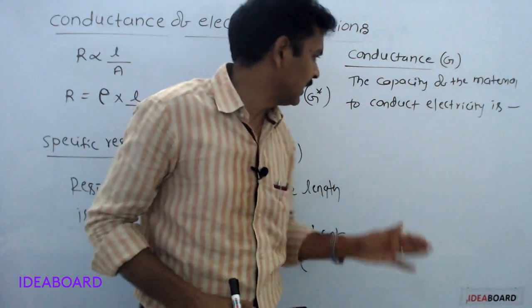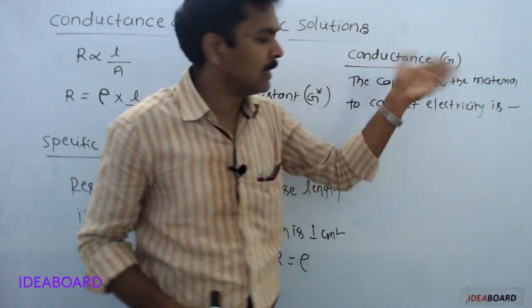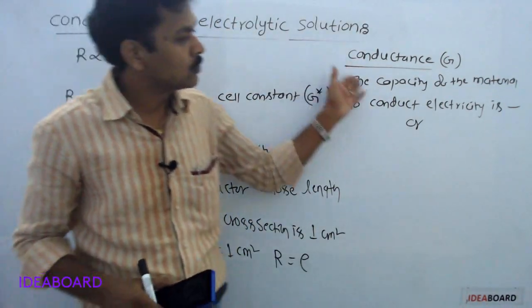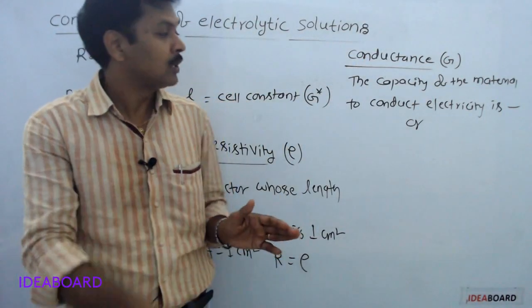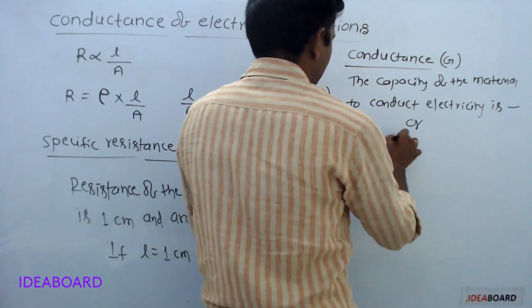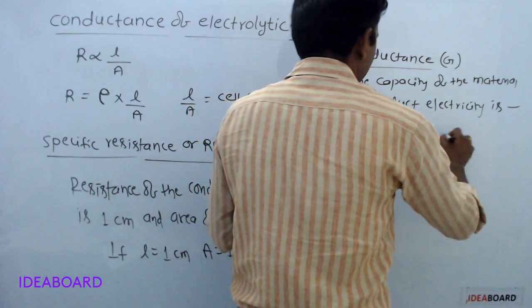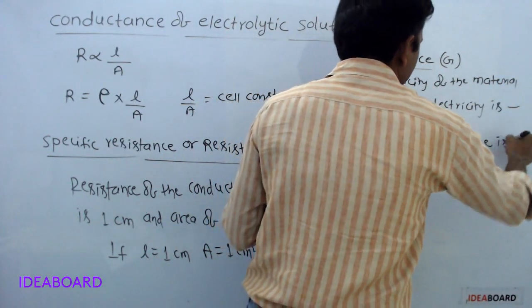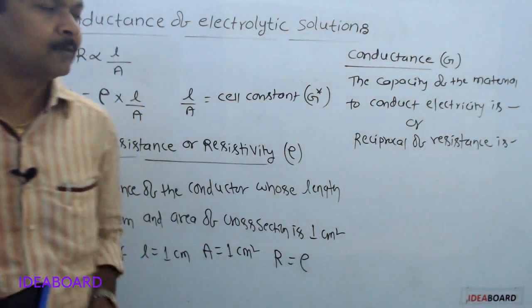The capacity of the material to conduct electricity is called conductance. Or reciprocal of resistance is also called conductance.